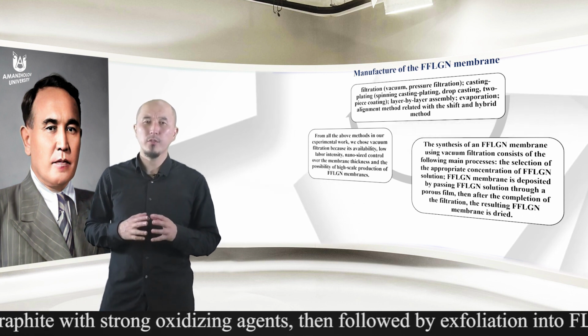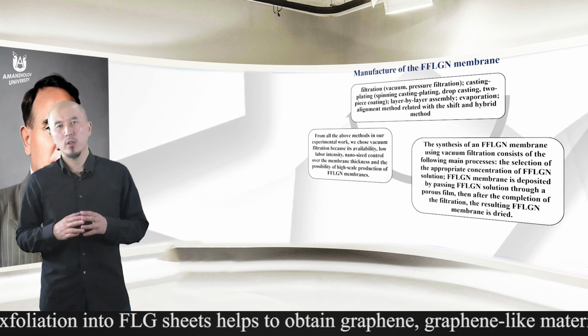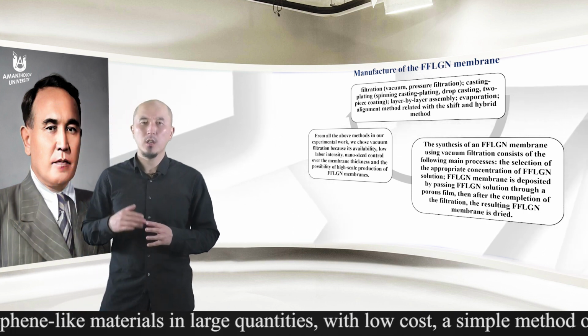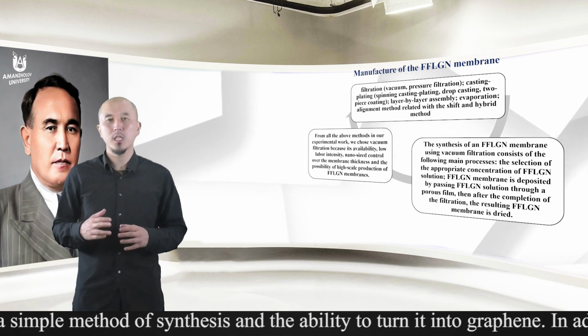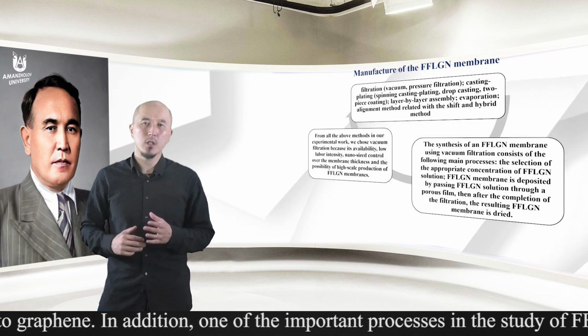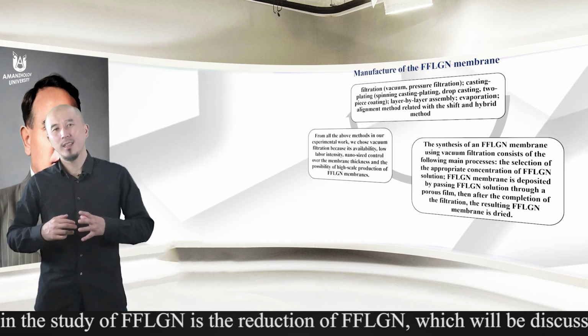Thus, the synthesis of FFLGN with the oxidation of bulk graphite with strong oxidizing agents and then exfoliation into FLG sheets helps to obtain graphene-like materials in large quantities with low cost, a simple method of synthesis, and the ability to turn it into graphene.